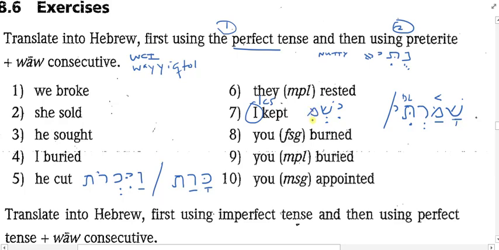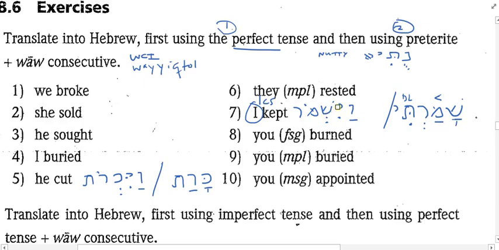Okay, that would be the Qal imperfect 3ms, yishmor. If I wanted to make that a WCI form, it would be vayishmor, right? But that's the 3ms form. I want to make it 1cs. So what do I have to replace the yod with here to make it first common singular?